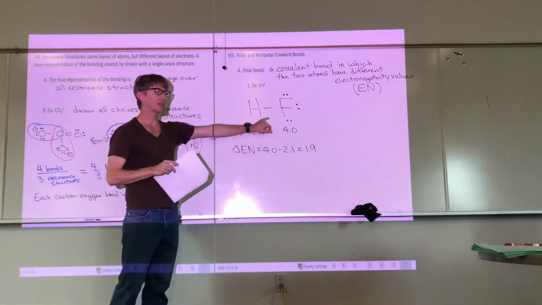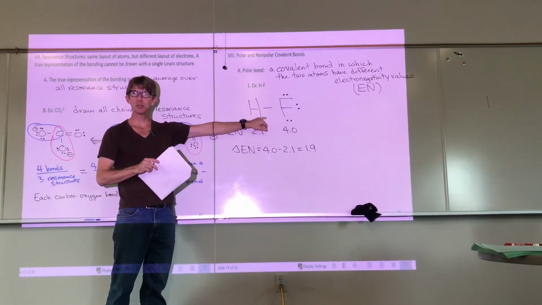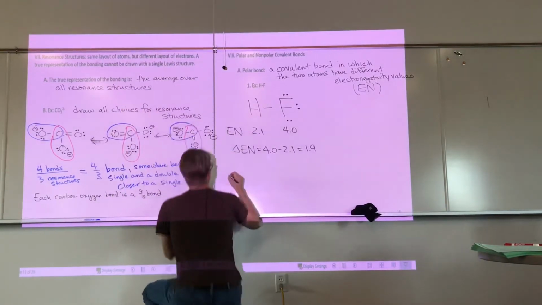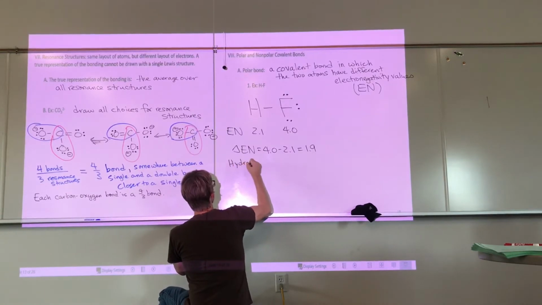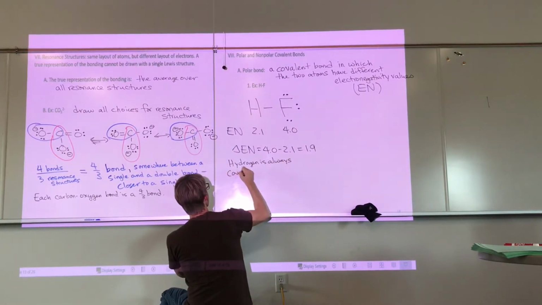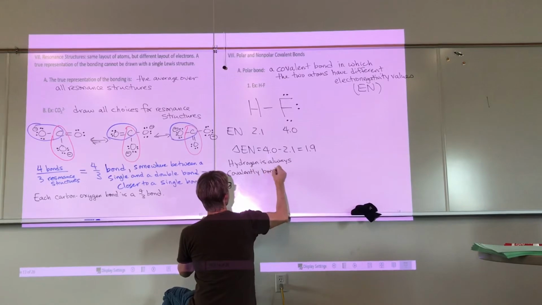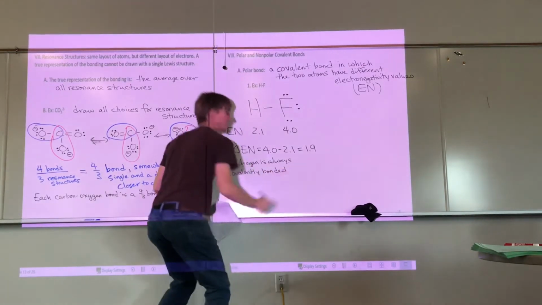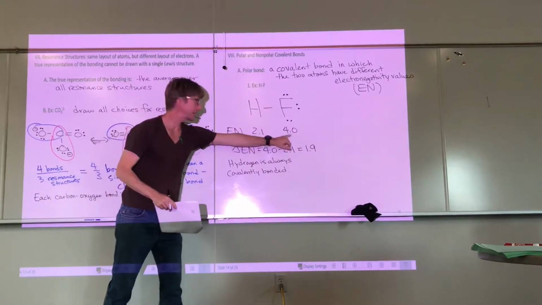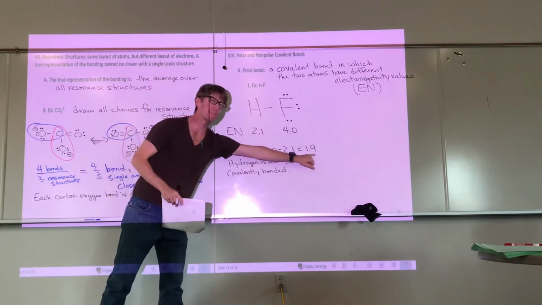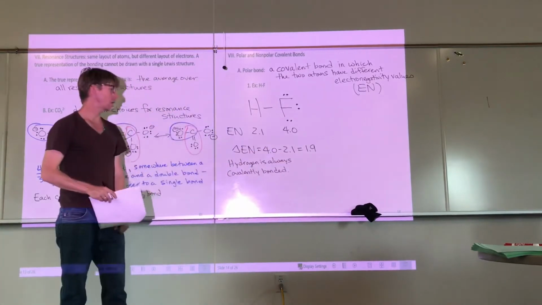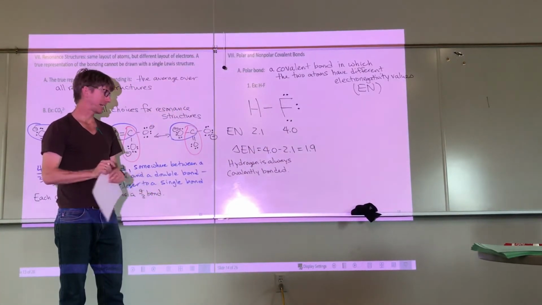If you go way back in your notes to chapter 4, you'll see a note that says hydrogen is always covalently bonded. If fluorine is the highest electronegativity score, then the difference can be at most 1.9, which is still quite good. Anyway, hydrogen is always covalently bonded. We said that back in chapter 4, and I just said it again.